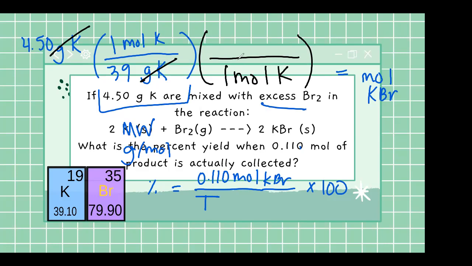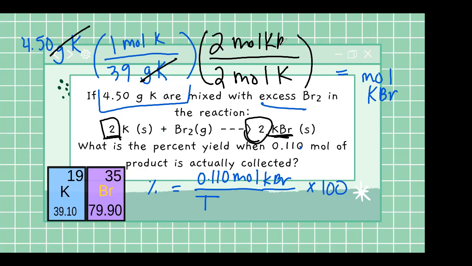What's on the top? Oh, no, I'm lying. It's not 1 mole. Yeah, 2 moles of K, right? 2 is right here. We look at what we're interested in. So KBr, 2 moles of KBr, and we end up with moles of KBr.